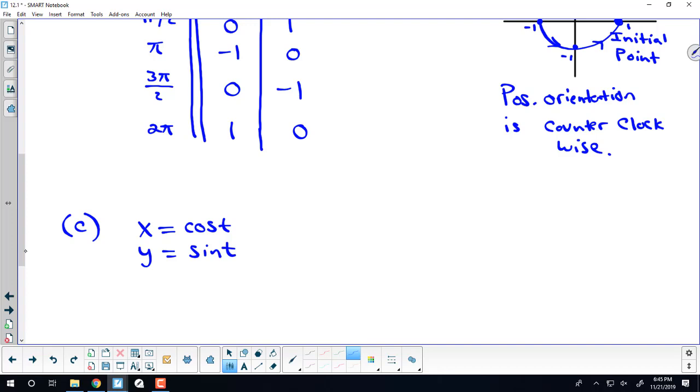And so when sines and cosines are involved, if we can isolate the sine and cosine of t, then all we have to do is square both sides. So this means that x squared is cosine squared t, y squared is sine squared t.